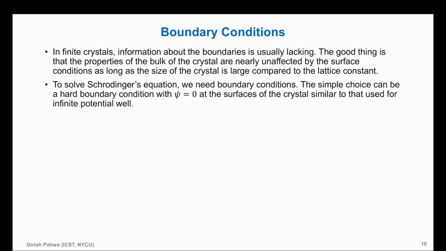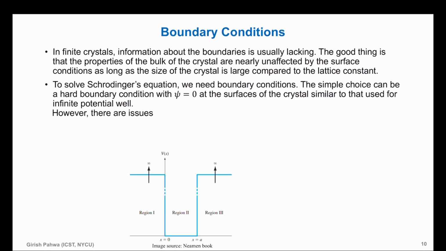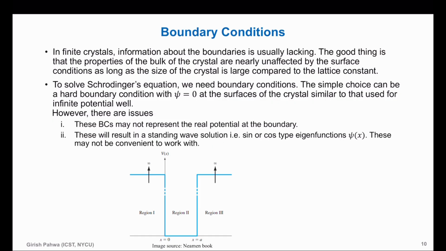First of all, these boundary conditions may not represent the real potential at the boundary. Psi may not actually be 0 completely at the boundary. The second thing is, this type of hard boundary condition always results in a standing wave solution.